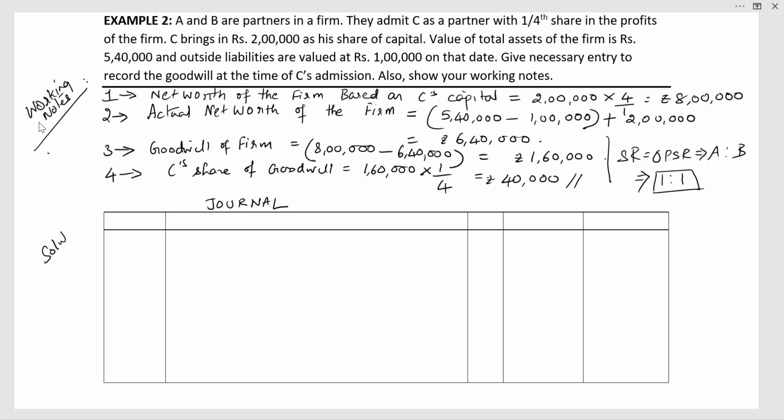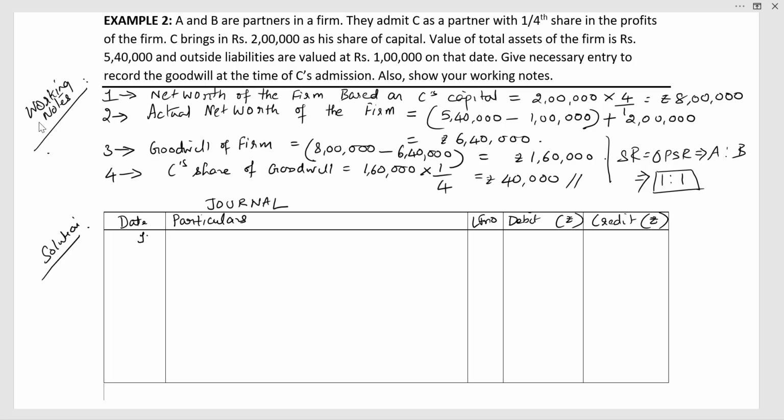Solution. Date, particulars, LF number, debit rupees, credit rupees.